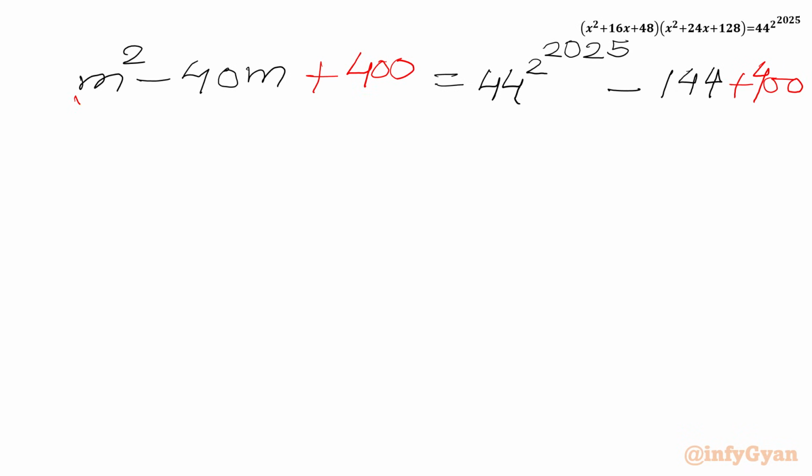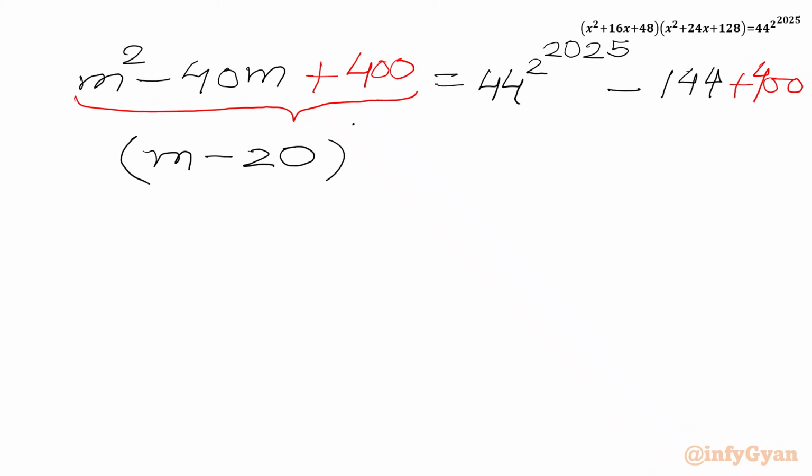Now LHS will give us one perfect square of m minus 20. So we will write (m minus 20) whole square in the LHS, and in RHS 44 raised to the power 2 raised to the power 2025, 400 minus 144 plus 256.